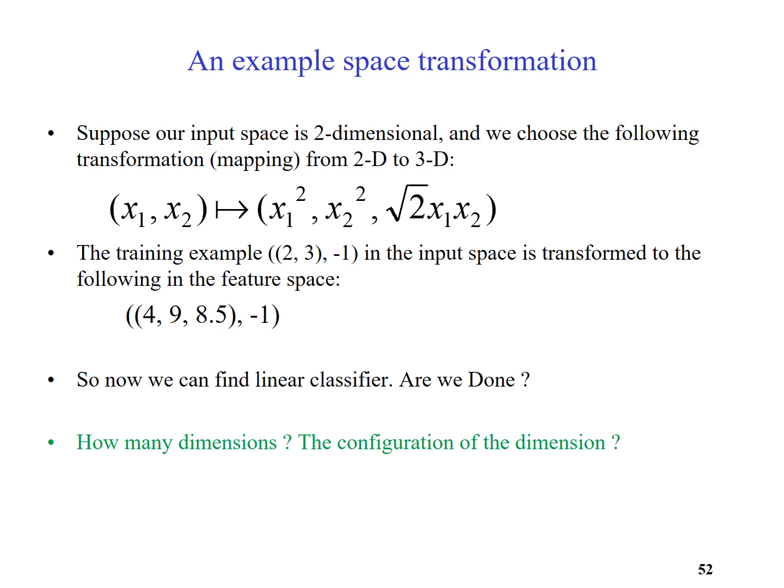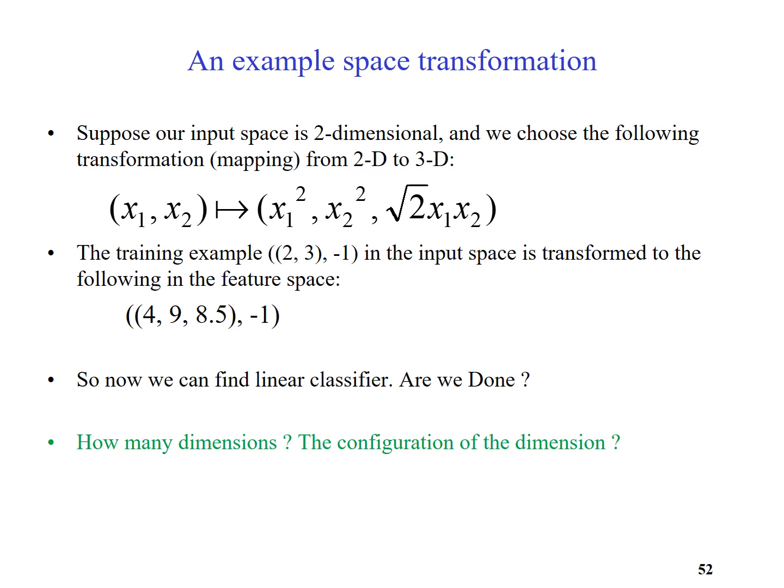The second problem is, suppose we picked a particular dimension for whatever reason. In that particular dimension, what is the configuration of the variables? In that dimension, we have a lot of combinations of variables. So what is the configuration? We have an almost infinite number of configurations in the dimension.